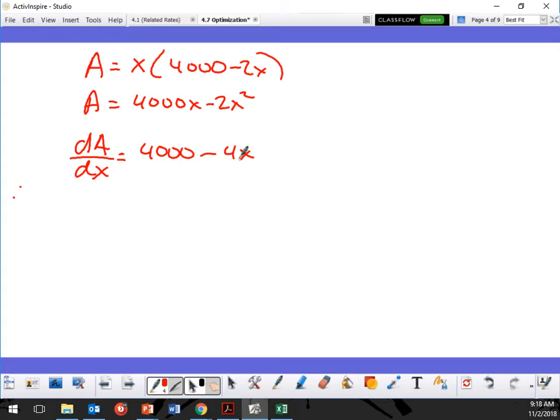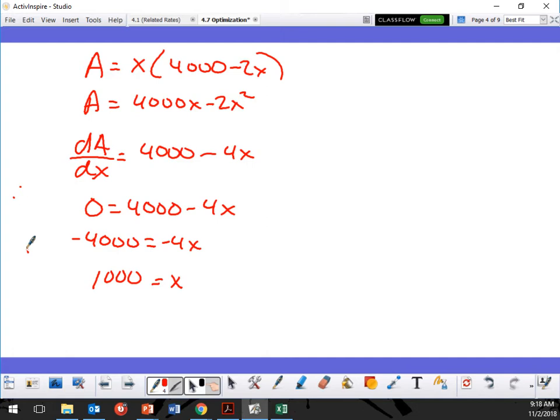It goes up to that point and then back down. So 0 equals 400 minus 4x. So negative 400 equals negative 4x, so x is equal to 100.